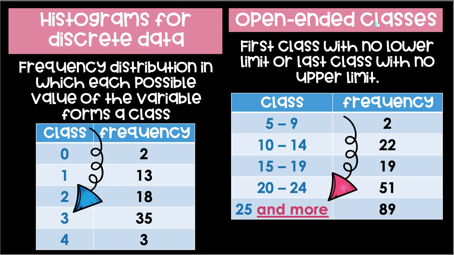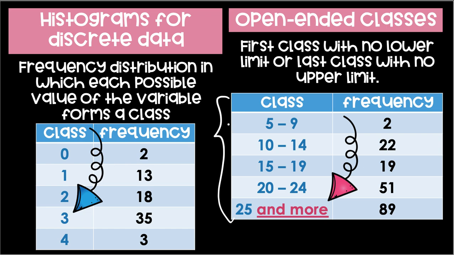Our other example will be open-ended classes. Sometimes it could happen only on your first class or on your last class. You don't have an upper limit. You just say everything before this value or everything after this value. And this is very common when we're talking about age ranges.